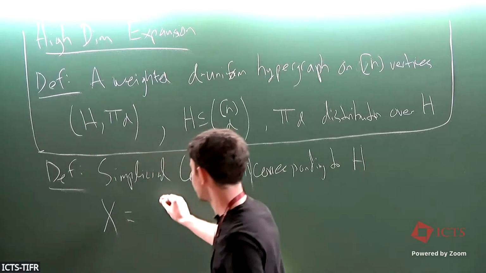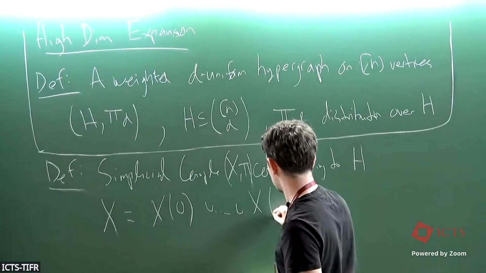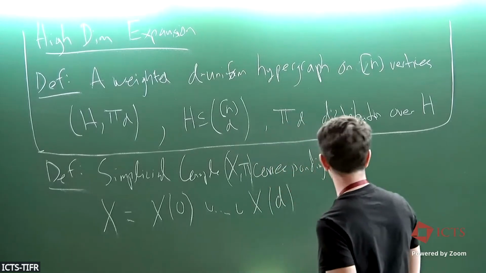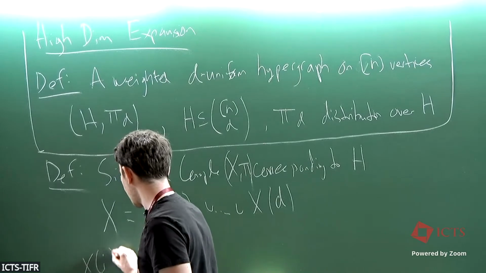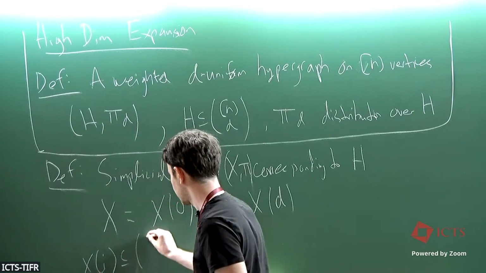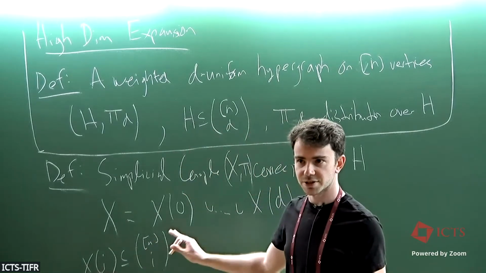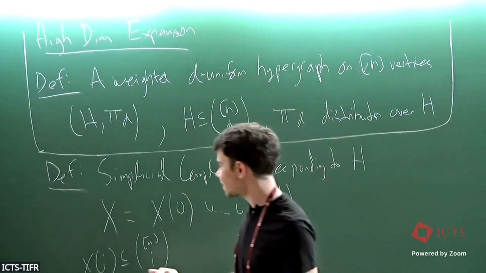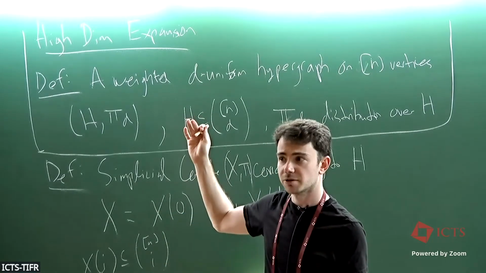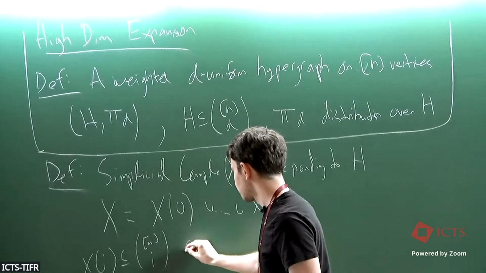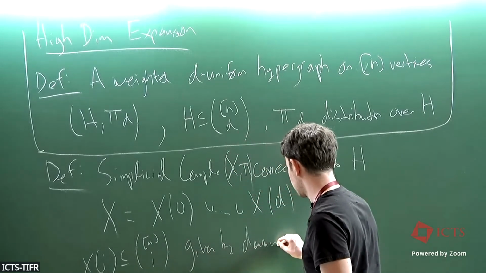So this is the union of X_0 through X_d, where X_i is a subset of n choose i. These are the i-tuples. And like we just said, these are all i-tuples that appear in some D-set in the original hypergraph. So it's just a downward closure.